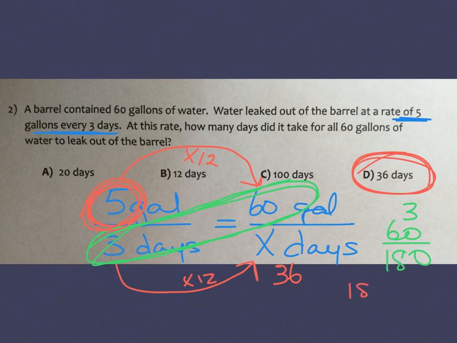So 180 divided by 5. And that looks like it'll give me 36. Yep, which is the same answer, D.